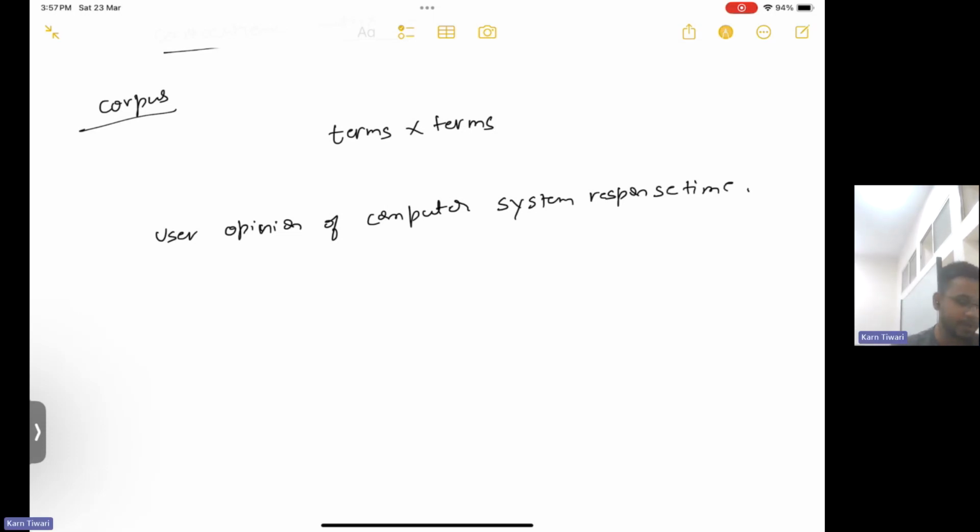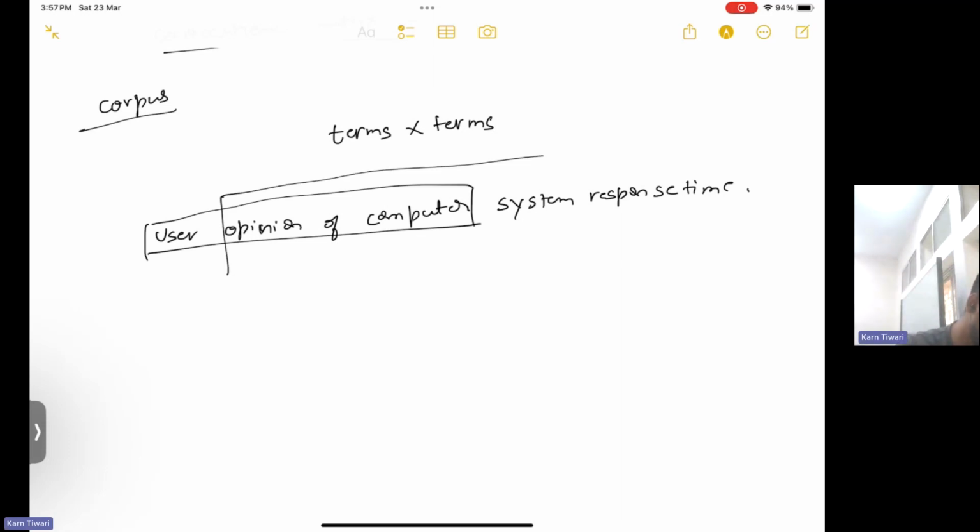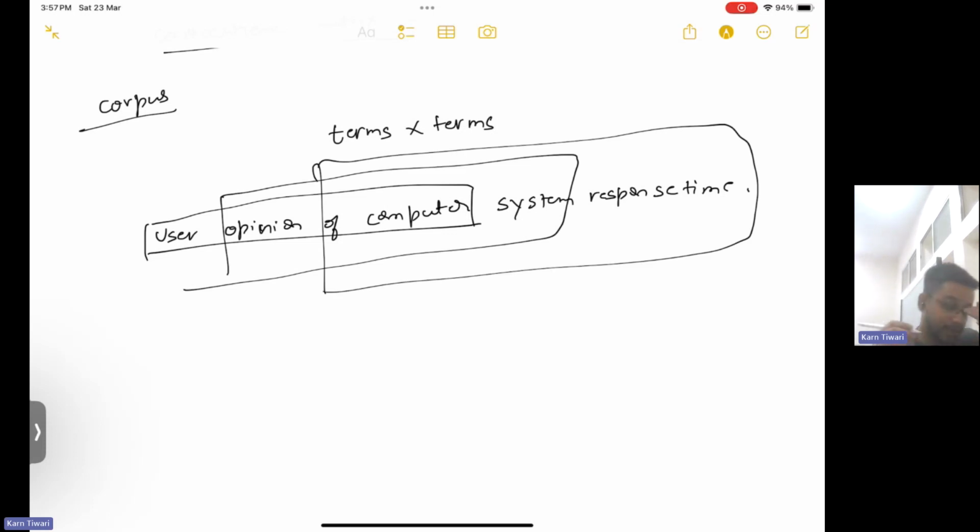First, we define a context length. For example, I'll define a context length of 4. This is my first context, this is my second, this is my third. Context size, basically.